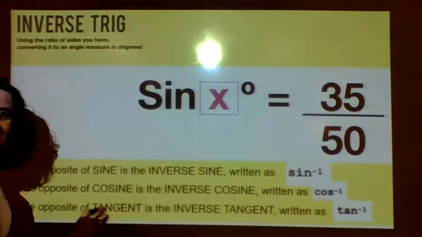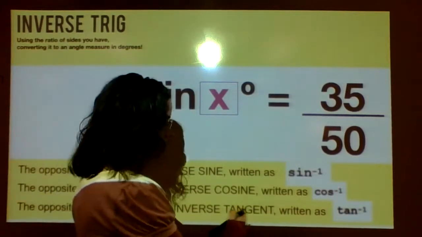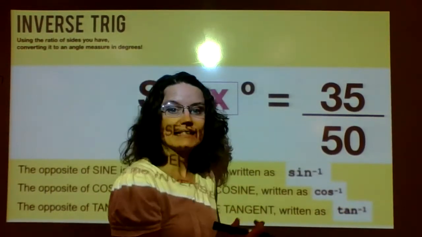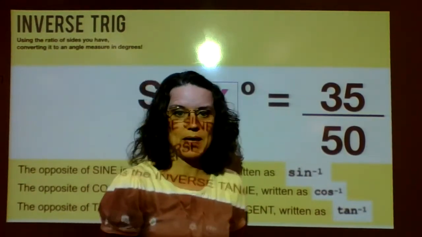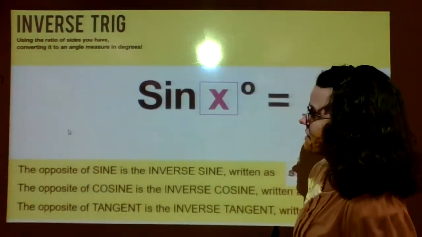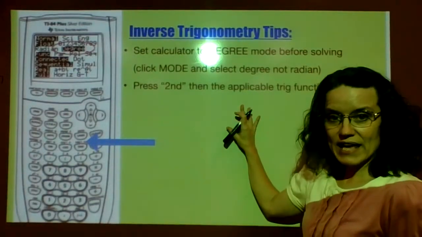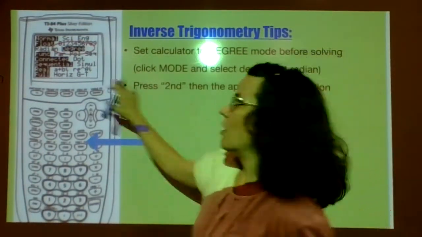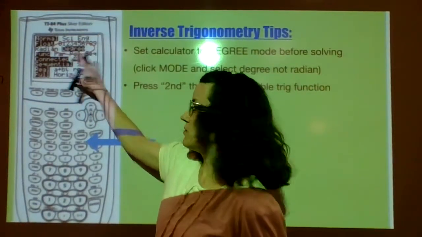The inverse of our tangent function is inverse tangent. It looks like tangent negative 1, but we say it as inverse tangent. To use this, we're going to use our calculator. First of all, always set your calculator in degrees, because we don't use radians.